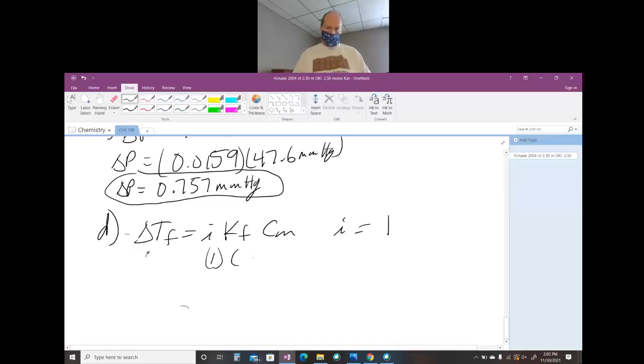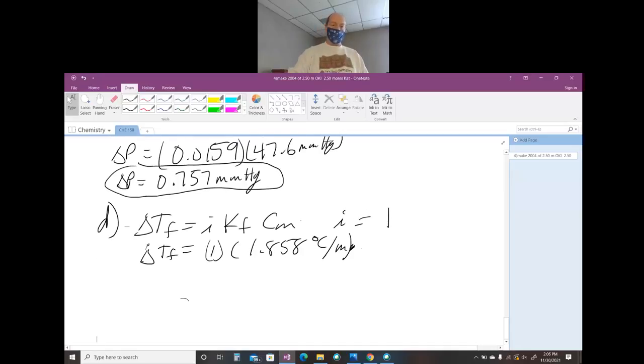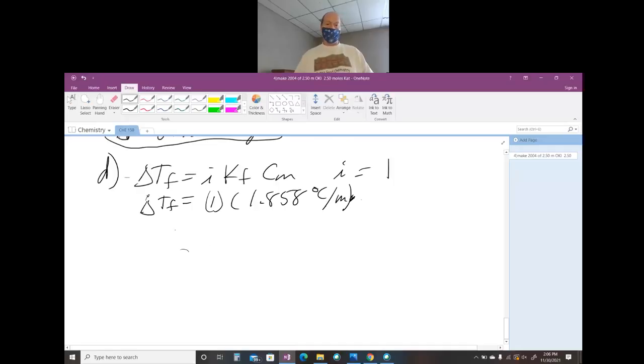Kf is given, 1.858 degrees Celsius per molal. That's given in the problem. And now all we need to do is find out what the molality is. And again, this is impossible unless you know the units for molality.